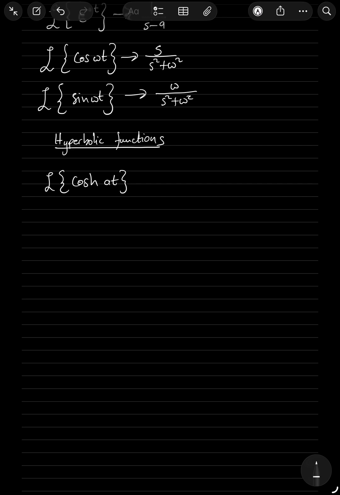So remember that since this is a hyperbolic function, we can represent cosh at as e to the at plus e to the minus at, over 2, isn't it? And also sinh at is equal to e to the at minus e to the minus at over 2.